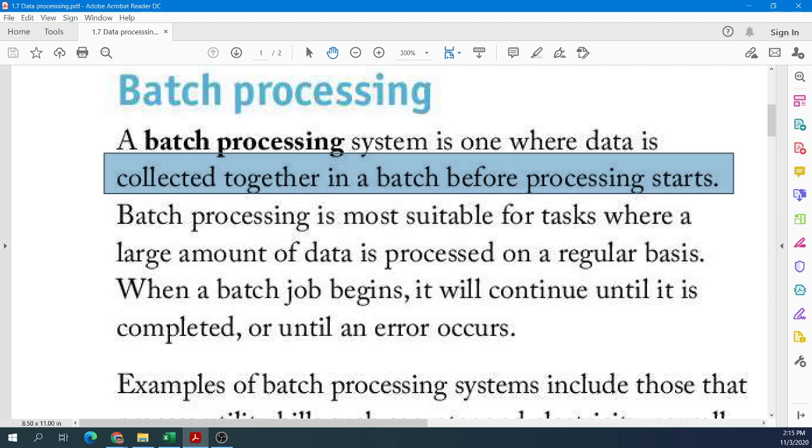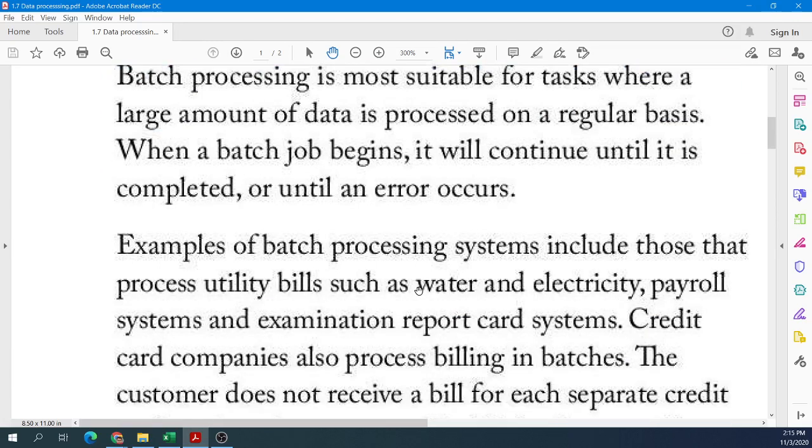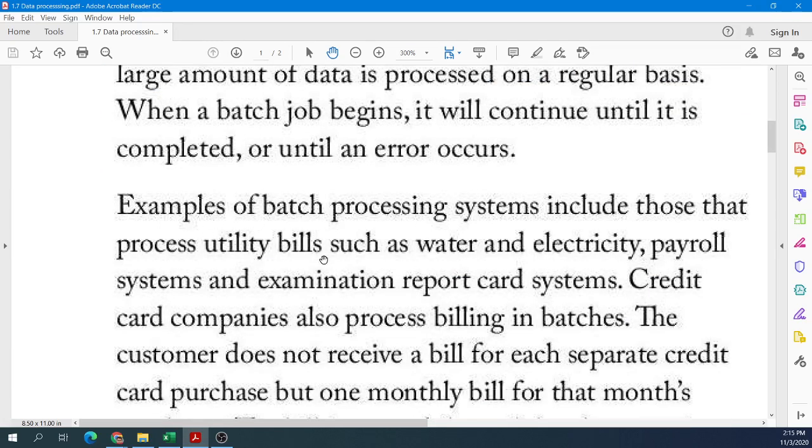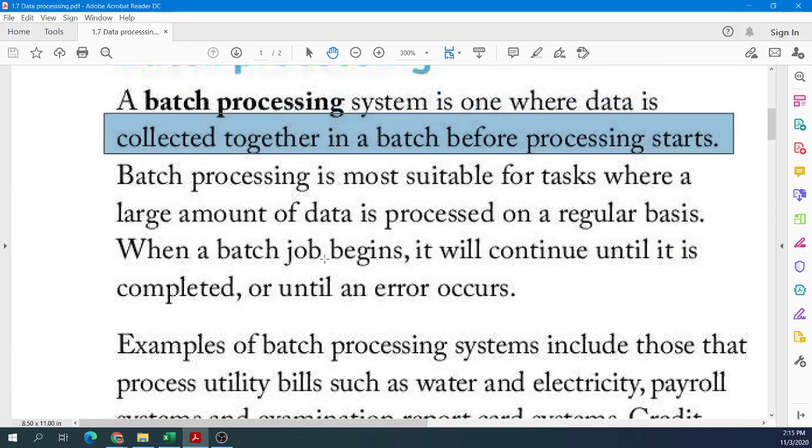For example, it gave the example of a utility bill, but we'll use the example of maybe a post office. A post office, when it receives a letter for your home address, does not send out that letter right away.